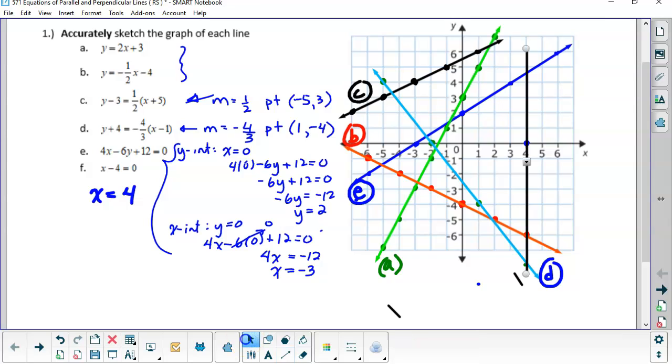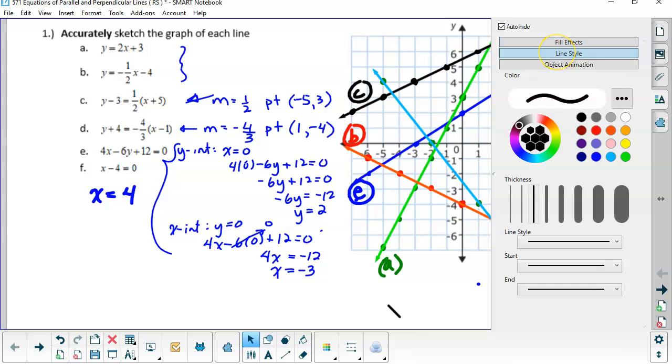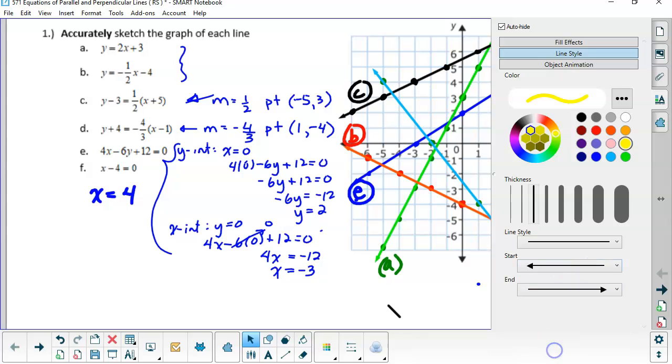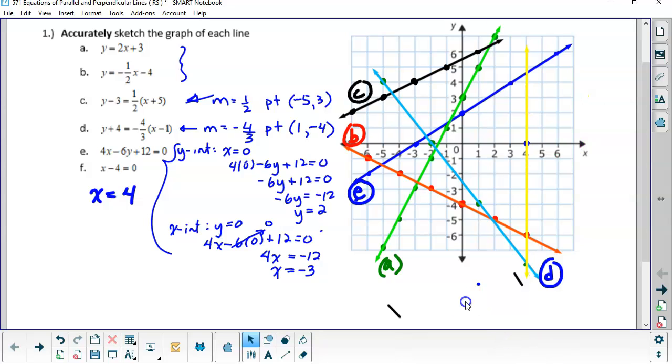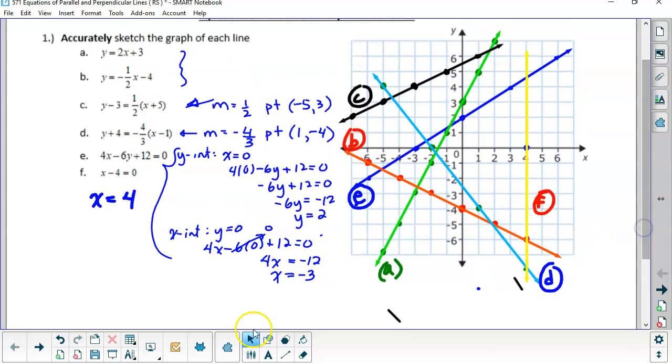Let's choose yellow. Okay. And that is F. Okay, so take a look at those.